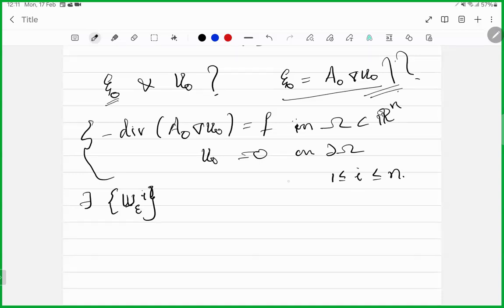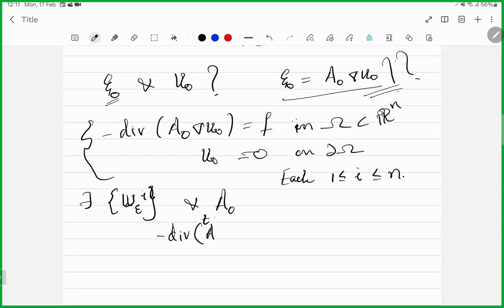So for each I, you can construct a sequence W epsilon I, and you can also find an A naught, and the way A naught and W epsilon I are related is that, in fact, you have this equation.